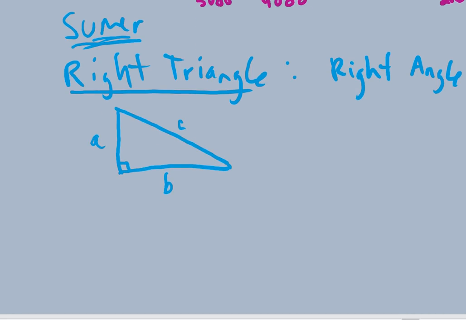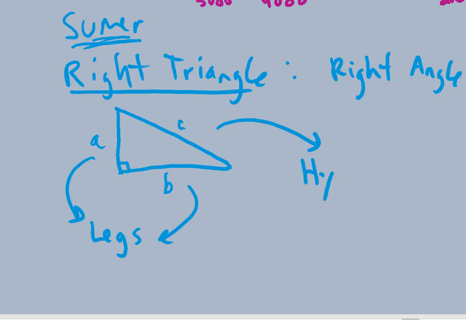The two shorter sides are what is known as legs. These are the two shorter sides, and they're always A and B. The longest side is what we call the hypotenuse. I don't know why we use these terms. I'm assuming that this word is Greek.